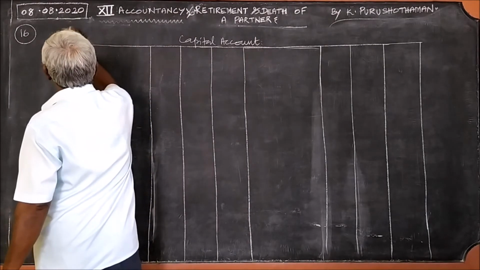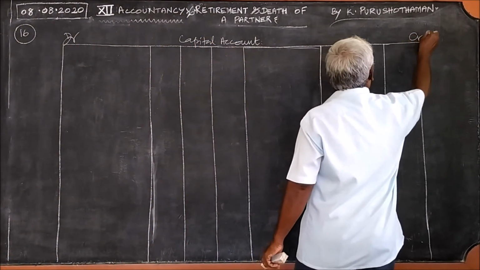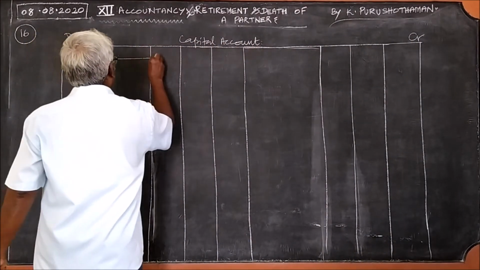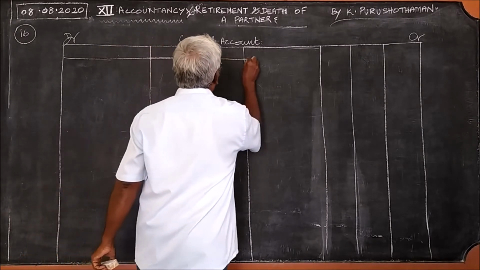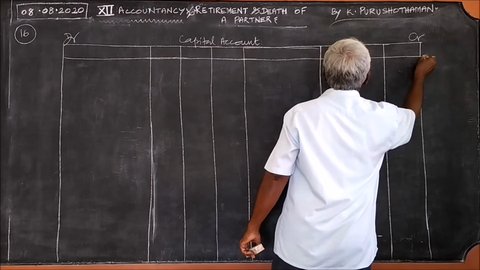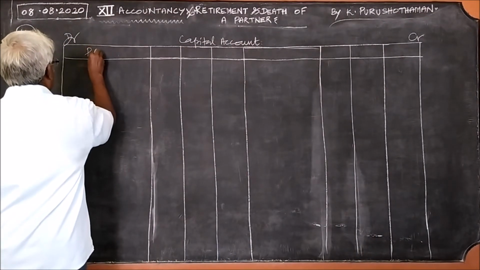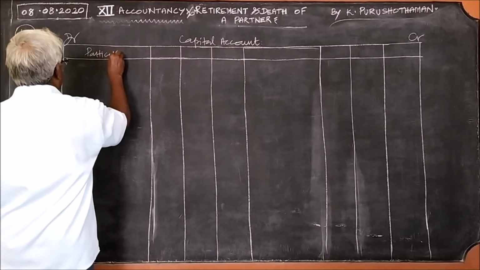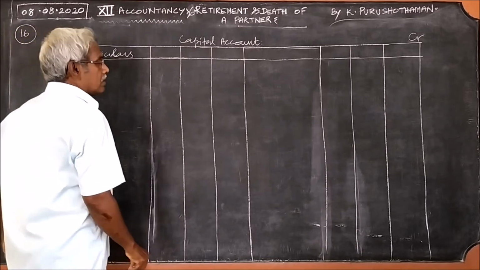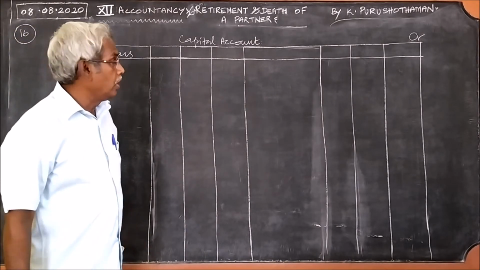Since it is a ledger, you write debtor and creditor. You can write the columns. This is particulars. Plus the three partners are Manju, Charu, Lavanya.